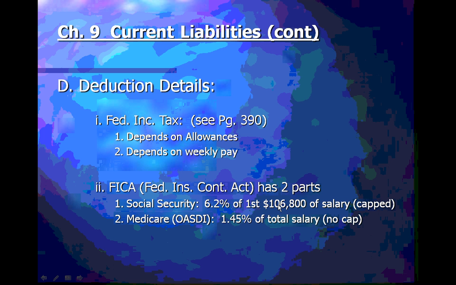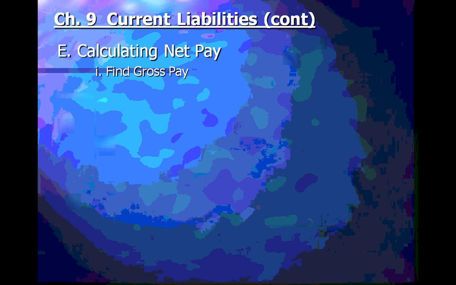So you have to use the numbers they give you in the problem, even though this is 2010 numbers here, the $106,800. Medicare, I think stands for old age, social, I forget the S, disability insurance, but this is typically uncapped. They take 1.45% of your total salary, no matter how much or how little you make, and so that's how Medicare typically works. All right, so those are the two biggies, Social Security and Medicare.